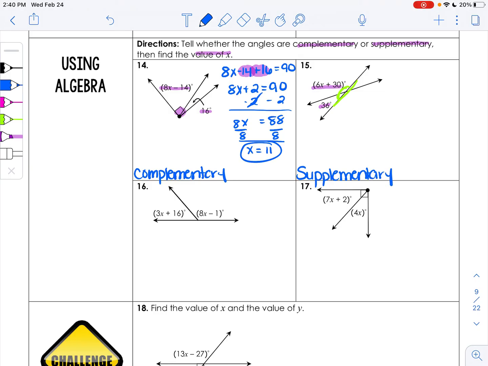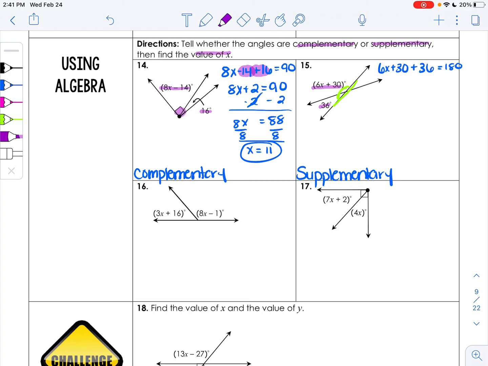Since I know supplementary angles add up to 180, I can add these two angles together. My first angle, 6x plus 30, plus my second angle, 36, equals 180, because these two angles are supplementary.